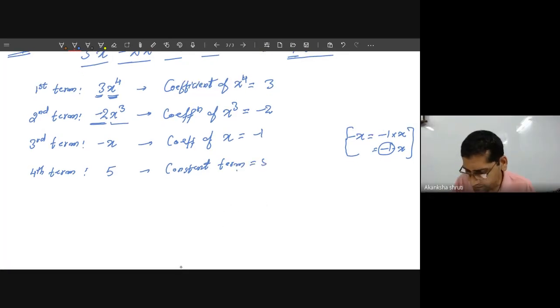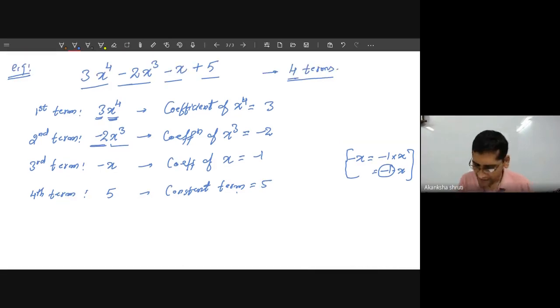It is our plus 5. If minus 5 is there, then minus 5 you have to take. Okay, student? So this way we are able to identify the terms. Very first I have identified the terms. Next column I have identified the coefficients.